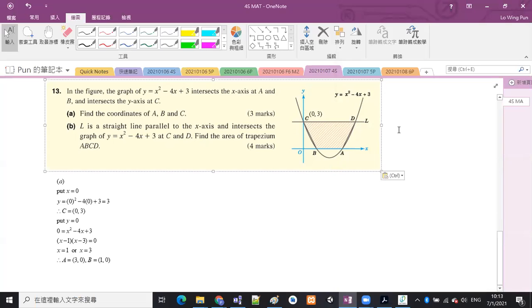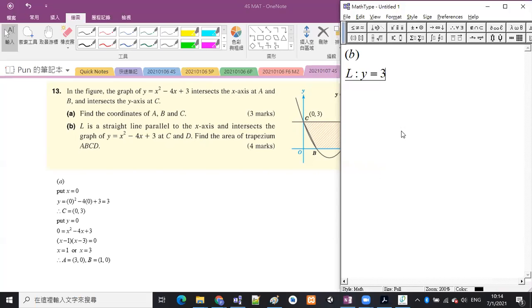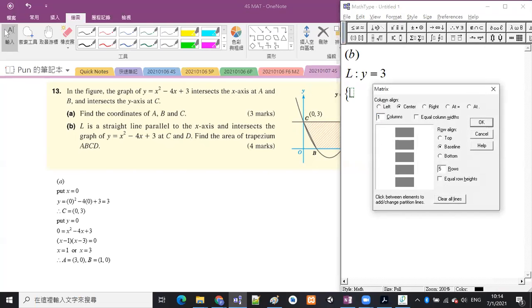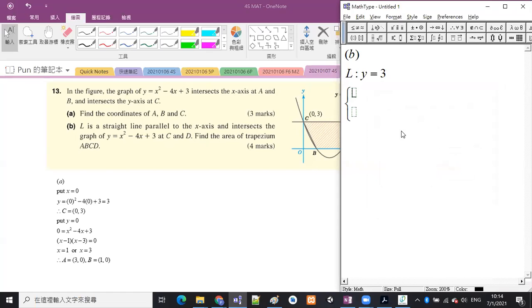So to find the intersection point, we need to set up equation 1 and equation 2. Equation 1 is y equals 3. And equation 2 is y equals x squared minus 4x plus 3. And we just need to substitute 1 into 2.